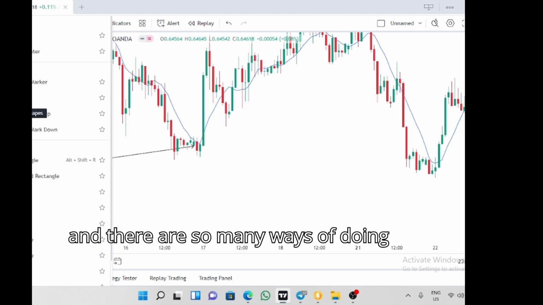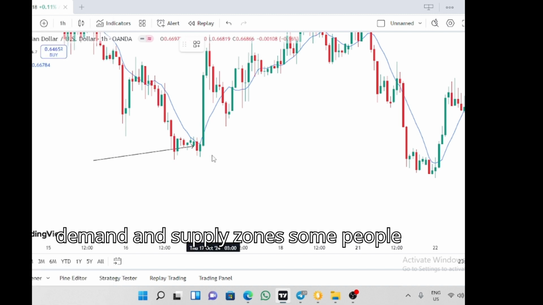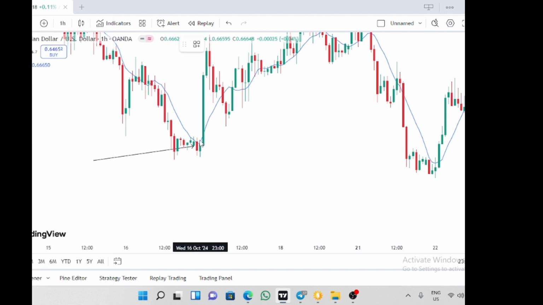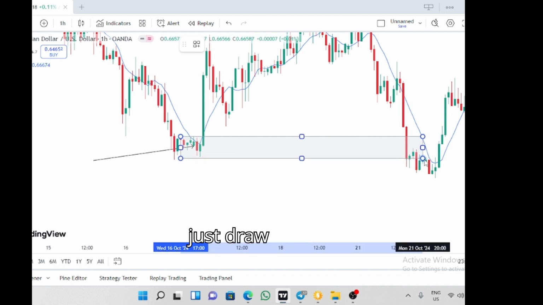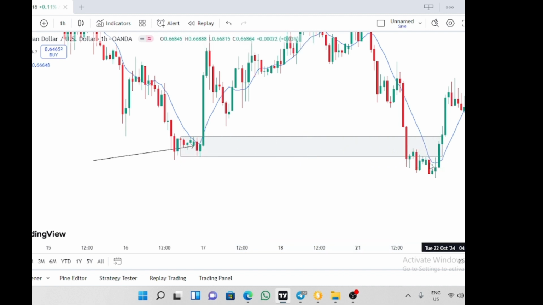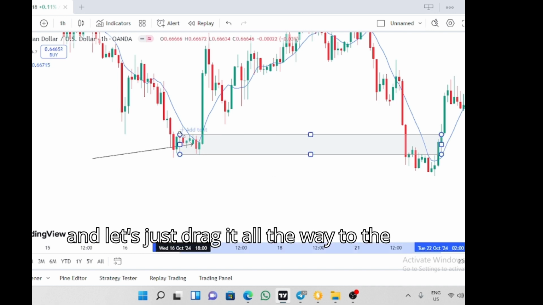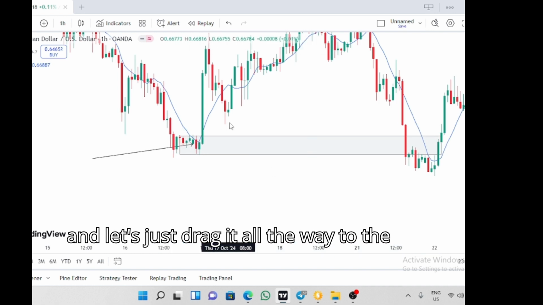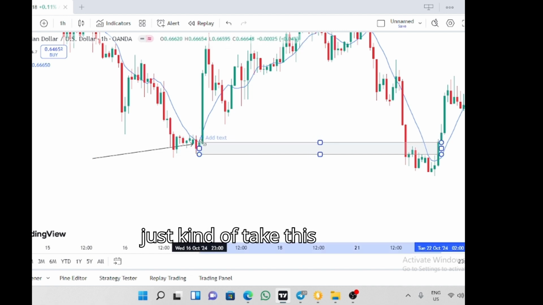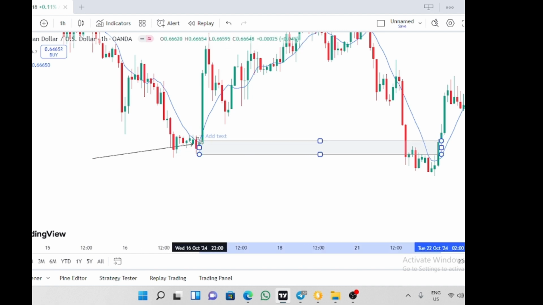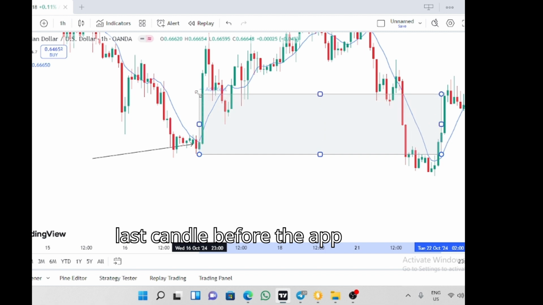and there are so many ways of drawing demand and supply zones. Some people take this whole consolidation move and just drag it all the way to the next side. Others also just take the last candle before the up move.